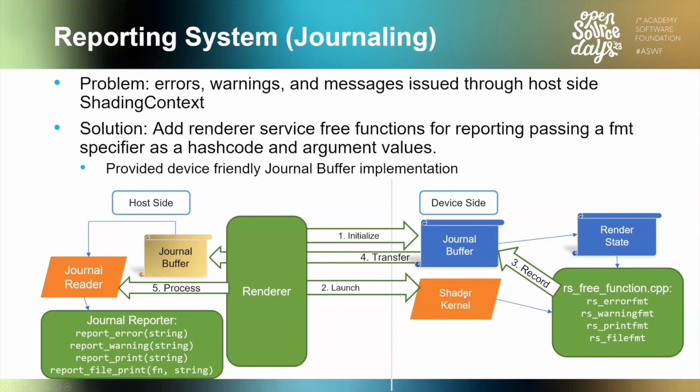After the kernel's done running, we can transfer that journal buffer back to the host side, where it can be processed by a journal reader, where it'll decode and do all the formatting that was requested into strings, and then call out to a journal reporter, which can then actually send it to standard out or write it to a file or whatever a renderer chose to do.